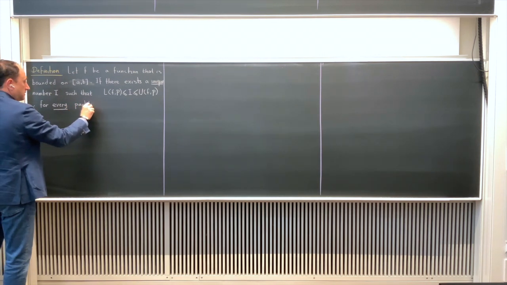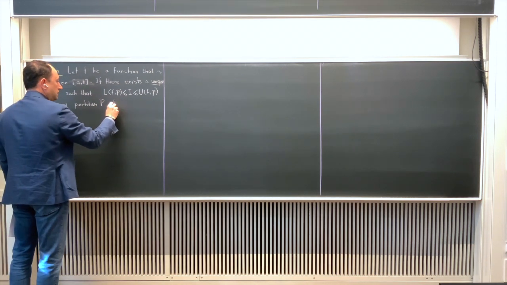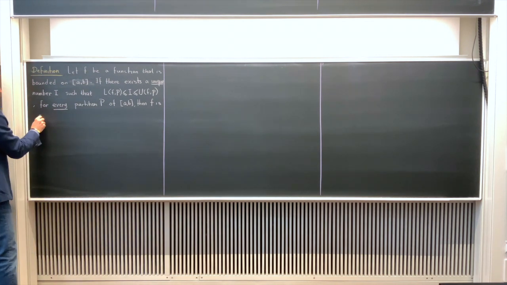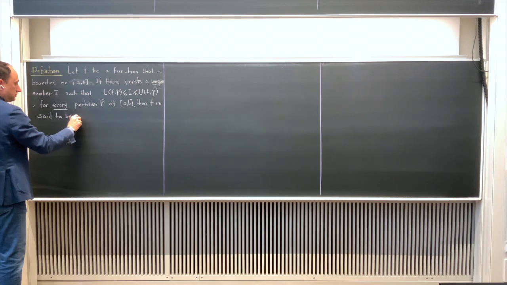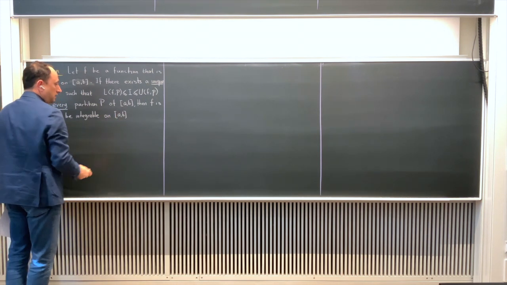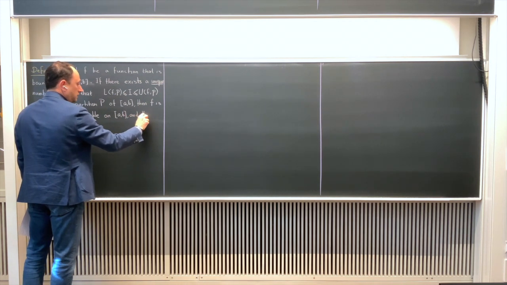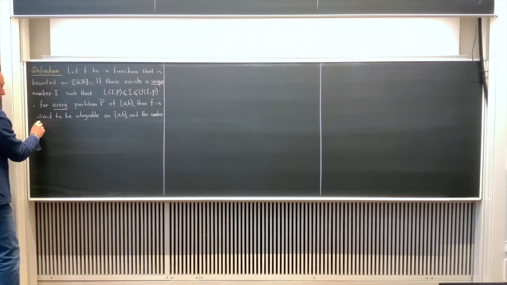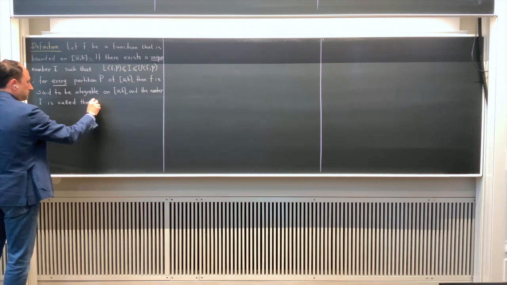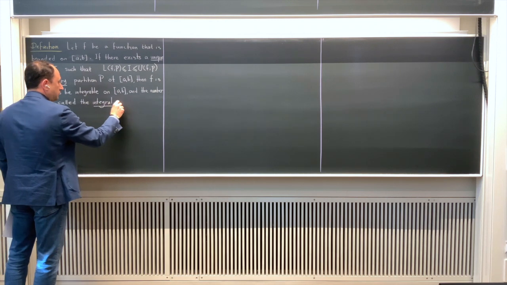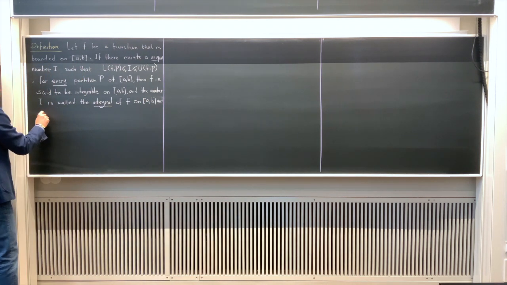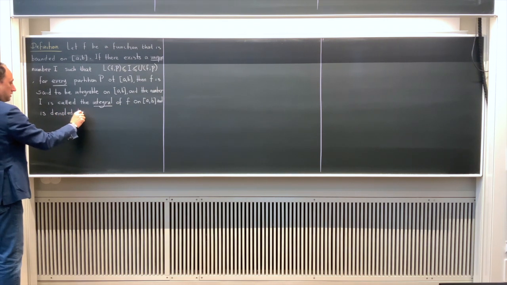partition P of this interval [a, b], then f is said to be integrable on [a, b], and the number I is called the integral of f on this interval [a, b], and is denoted by this symbol that you already know.